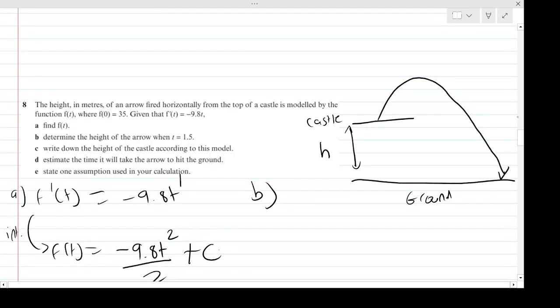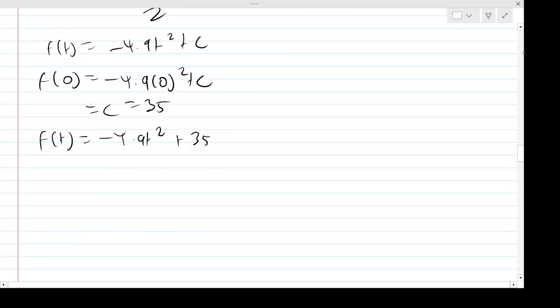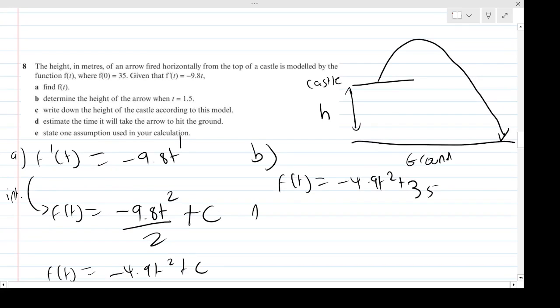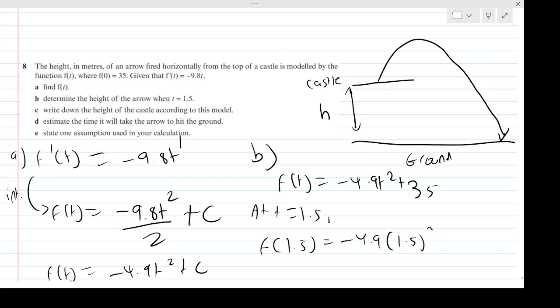Okay, so with that in mind, we need to determine the height of the arrow when t is 1.5. If I remind you, f of t is minus 4.9 t squared add 35. So the height of the arrow when t is 1.5, we just substitute that in. So at t is 1.5, the function is going to be minus 4.9 of 1.5 all squared, add 35.